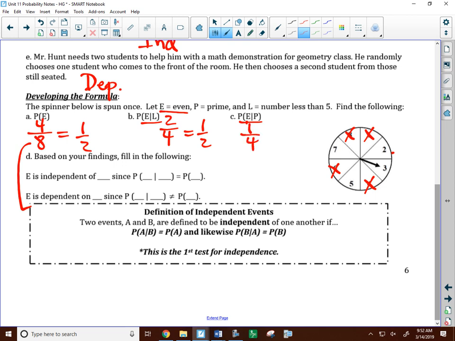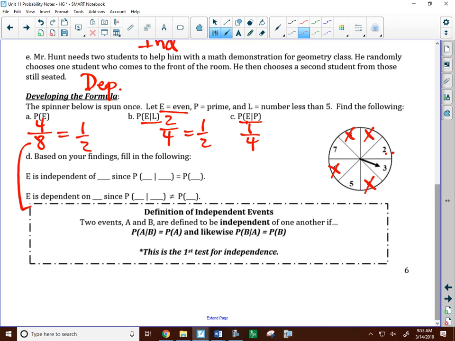So just 1 out of 4. Because we're given that we're in prime numbers, and there's only 7, 5, 2, and 3. There's only 4 prime numbers, so that's the new sample space. 1 even number, 2, out of the total, which is prime number 4.